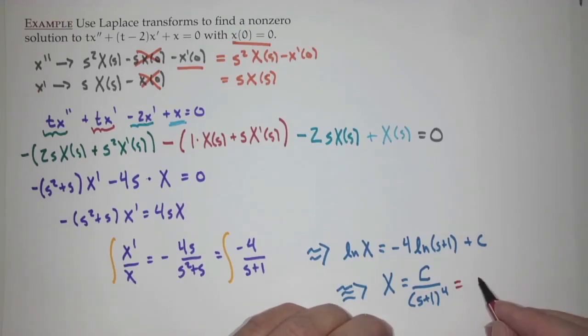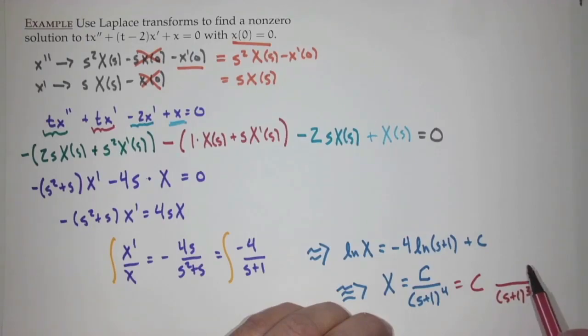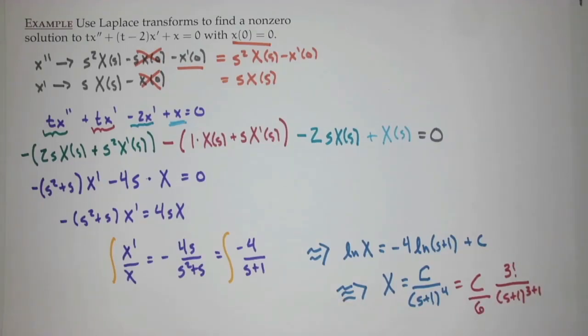The constant comes out in front. Think of 4 as 3 plus 1. So n plus 1 downstairs, what goes upstairs? 3 factorial. So in front I would divide by 3 factorial, which is 6. But of course, what happens to this c over 6?